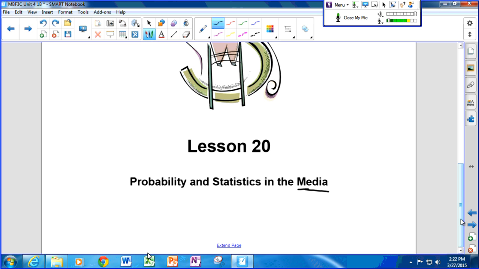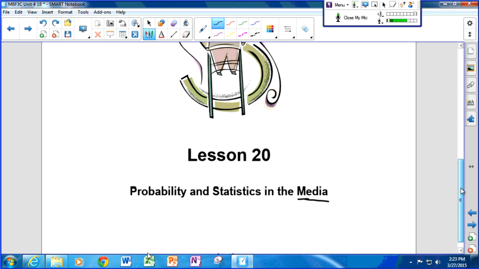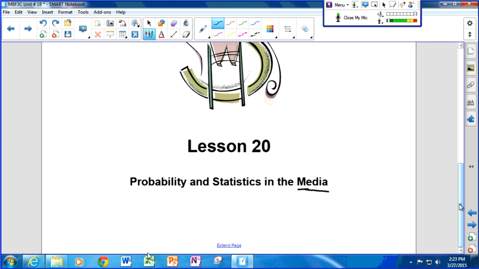And that's the problem with statistics and probability in the media. They almost never tell you what the base number is. They'll only tell you something like that, right? Your chances of having some medical problem or having some difficulty, they'll double or triple or quadruple, but they don't tell you what that original probability was.